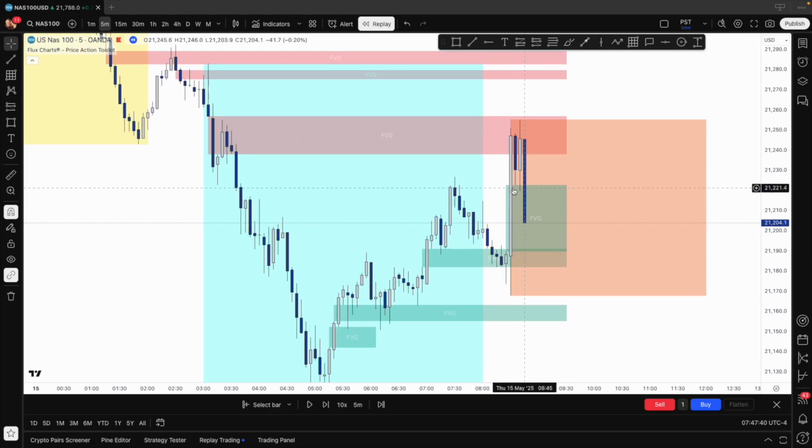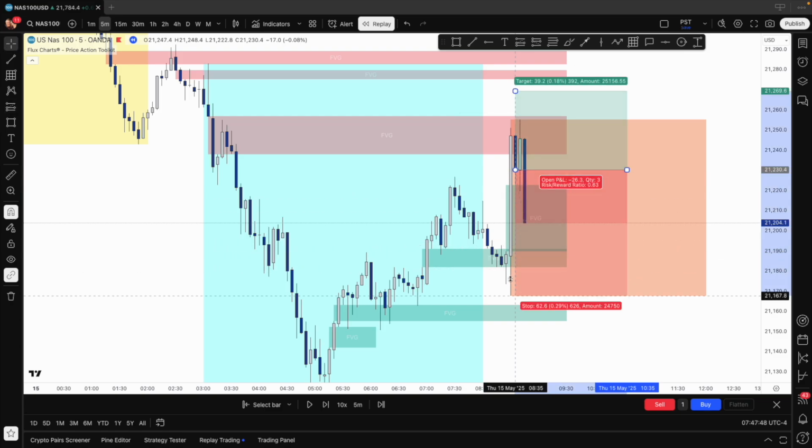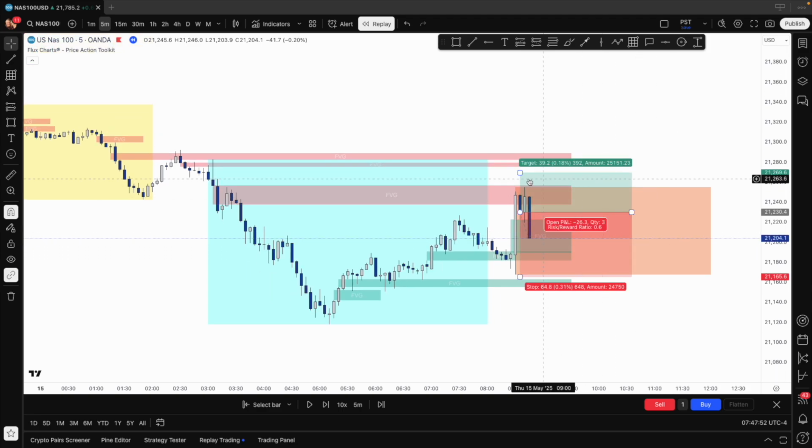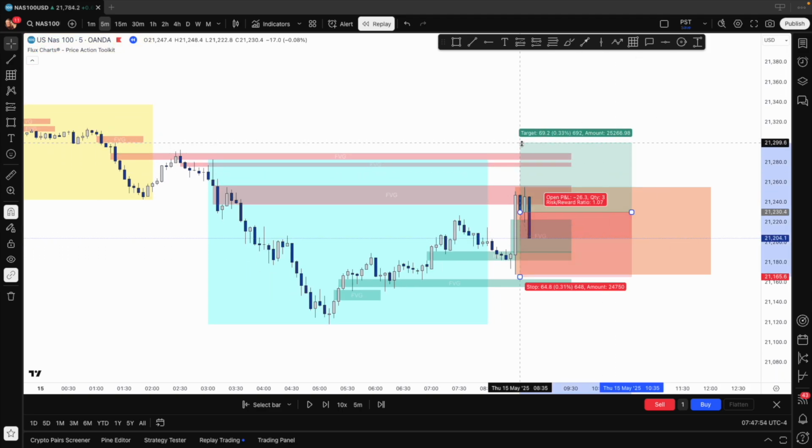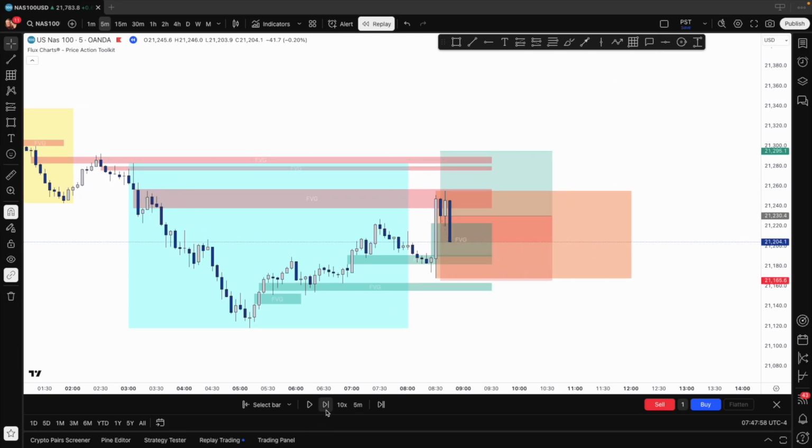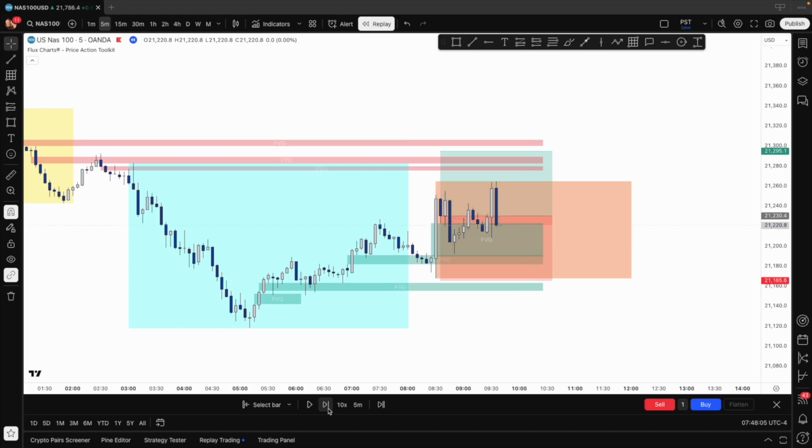Immediately during New York, we have this fair value gap right over here. So on the close of the third candle, stops just below these lows. Then we target a 1.1 as a break even trade, and then a 1.5 as soon as we are break even. Let's see what happens.